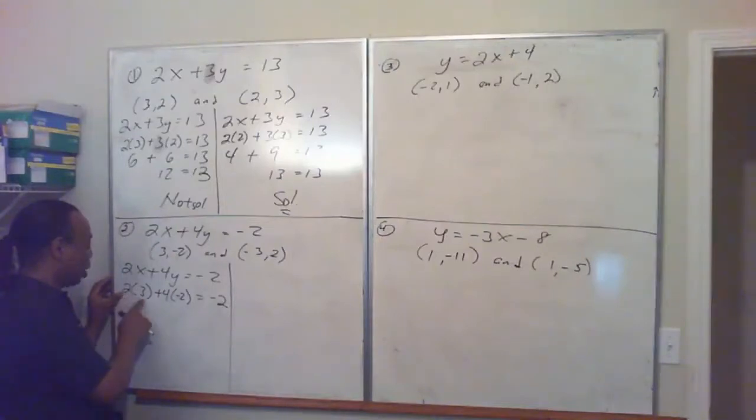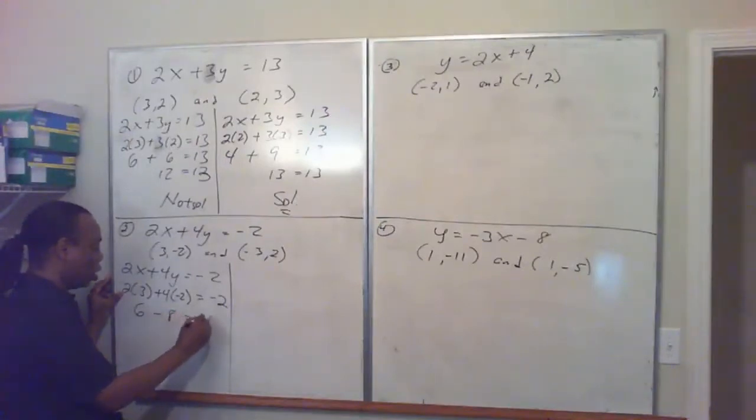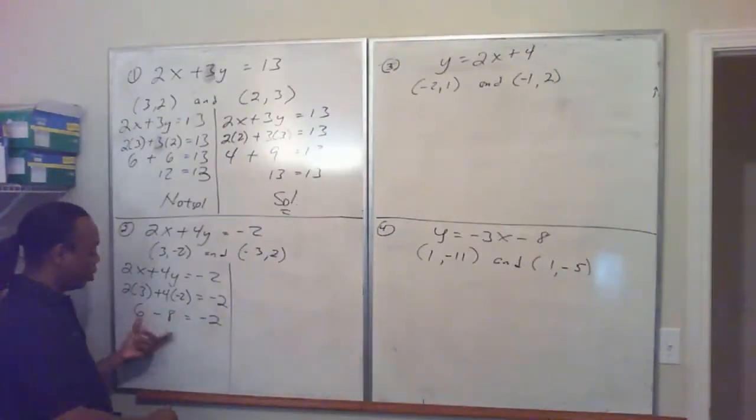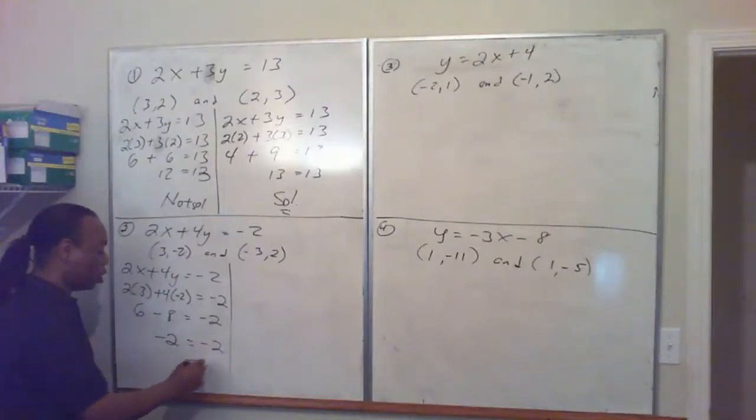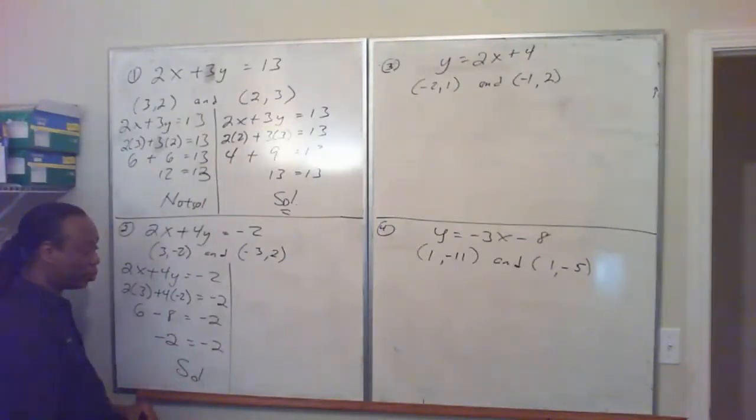And so the 2 times 3 ends up being a 6. The 4 times negative 2 ends up being a negative 8, equals negative 2. Then we combine the 6 and the negative 8. Different signs subtract, so we get 2. The larger sign wins, so that's a negative 2. And negative 2 does equal negative 2. So this is a solution.